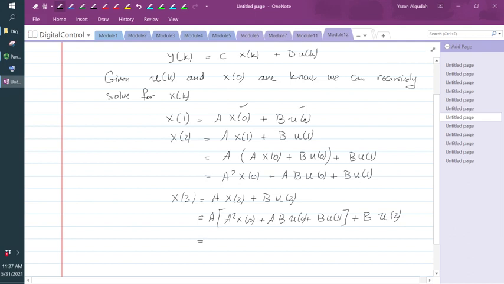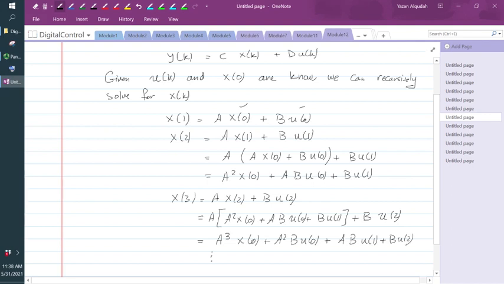And if I multiply the terms, I'm going to get a cubed x of 0 plus a squared b u of 0 plus a multiplied by b u of 1 plus b multiplied by u of 2.